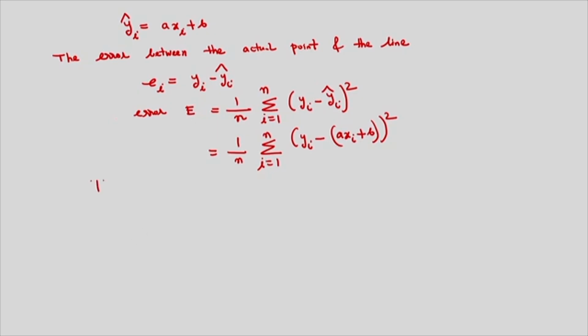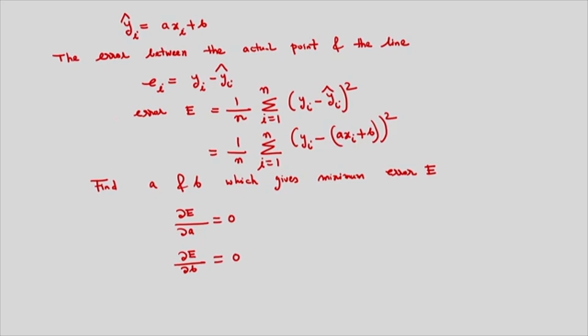So we have to find A and B which give minimum error E. That is why we differentiate the error with respect to A, the partial derivative of E with respect to A, and the partial derivative with respect to B, and equate it to 0.